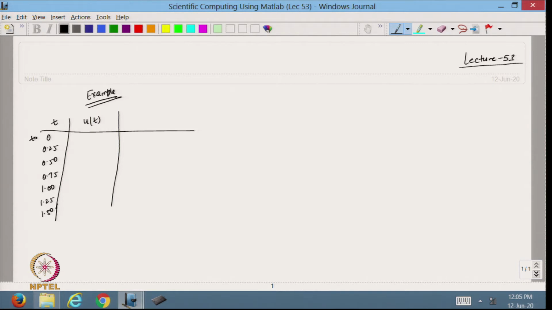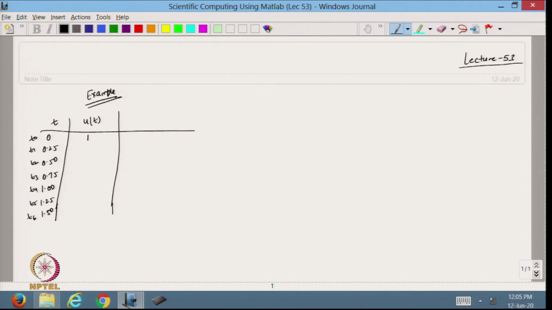So these are my t0, t1, t2, t3, t4, t5 and t6. So the function values at these points are given to me.